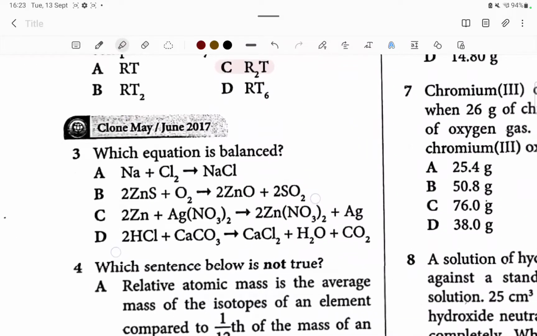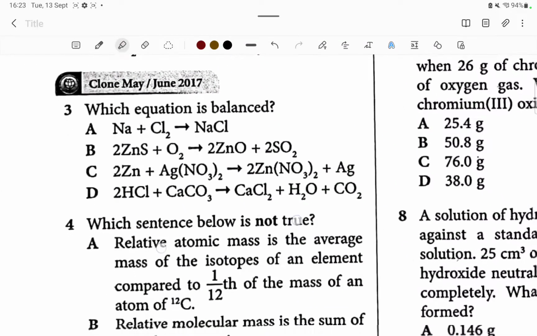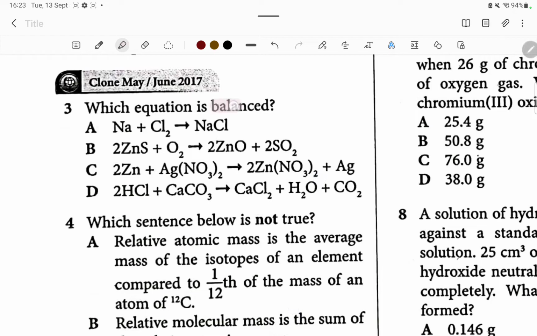Okay. Number 3. Which equation is balanced? For balance means the left hand side and the right hand side the same element must have the same amount of atom. So let's see. This one 1. Here also 1. Correct. Balance. But Cl here got 2.